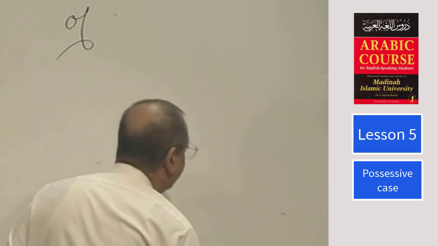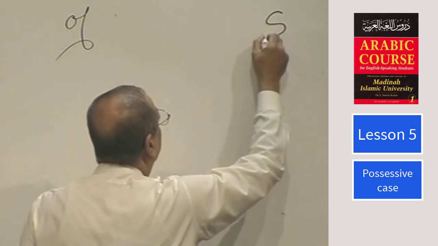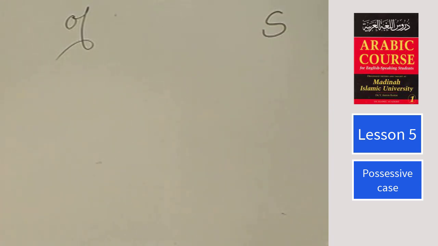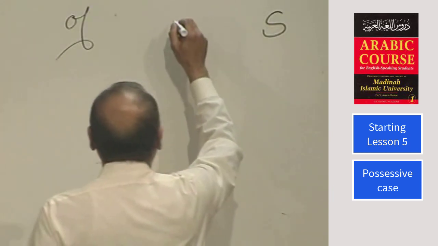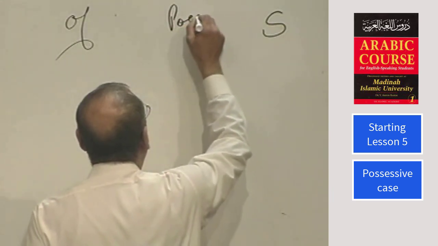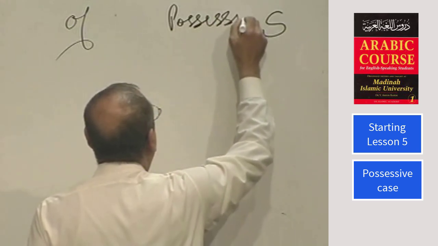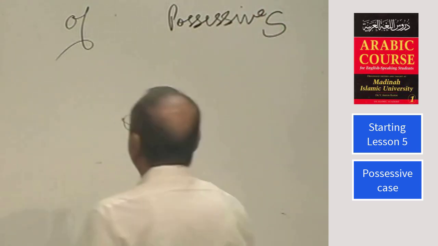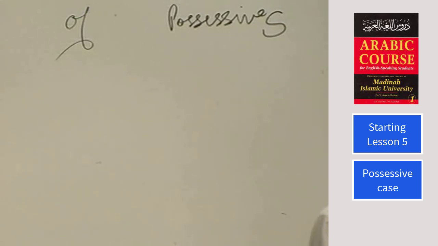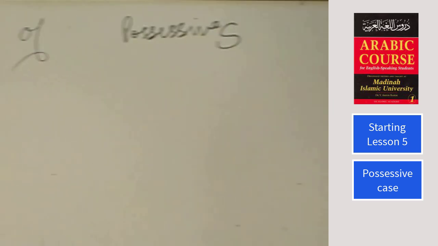You use possessive S. Okay, brother and sister? This is how you describe it.